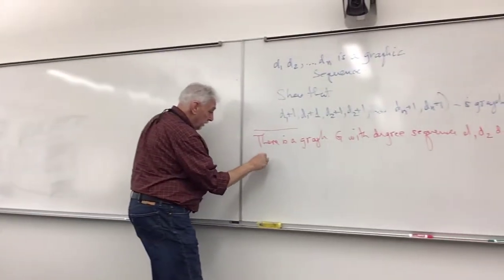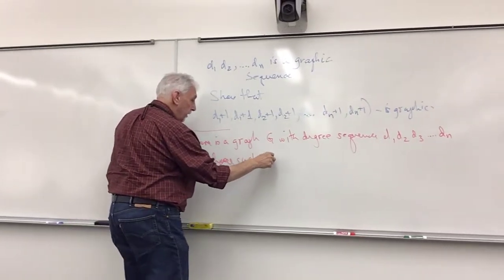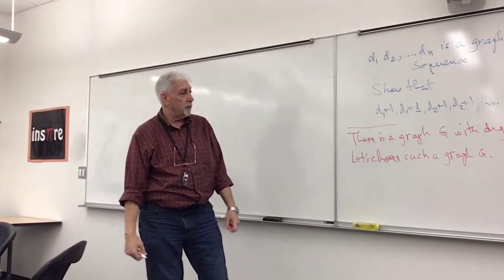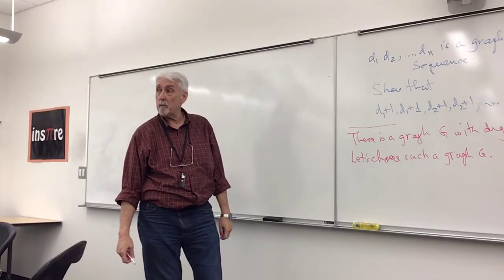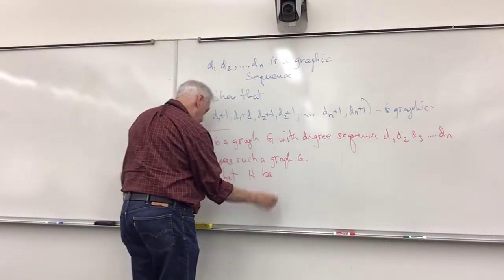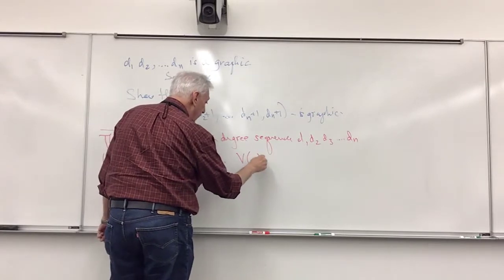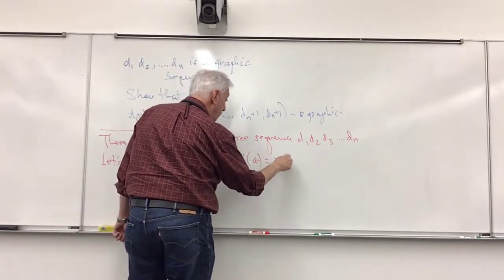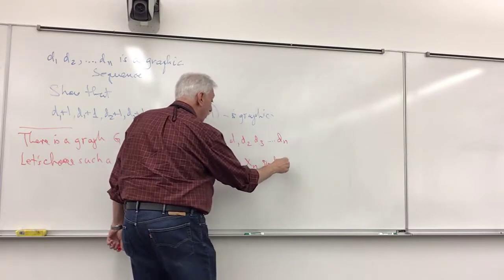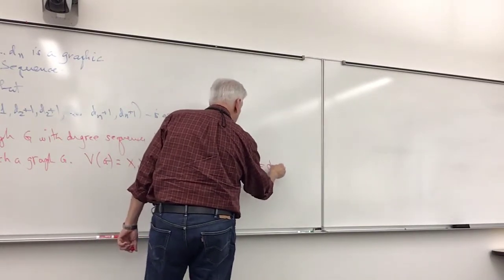So let's choose such a graph G. This graph G has exactly degree sequence D1, D2, D3, through Dn. The vertex set of G is x1, x2, up to xn, such that the degree of xi is equal to di.